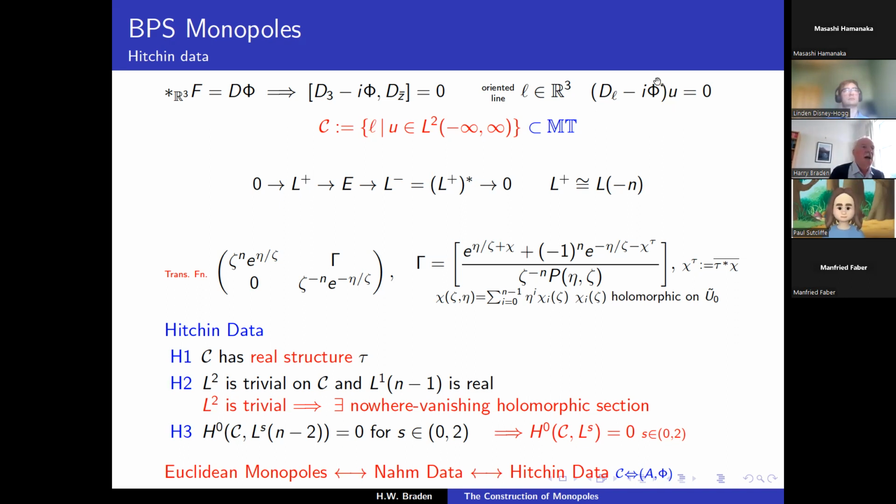For any oriented line, let me consider the rank 2 vector bundle given by where u will be a 2 vector, and I'm looking at solutions to this equation. This is a first order equation, and we know that first order equations will have blow up in one direction and decay in another. And I'm going to ask, what is the union of those lines where I have decay in both directions?